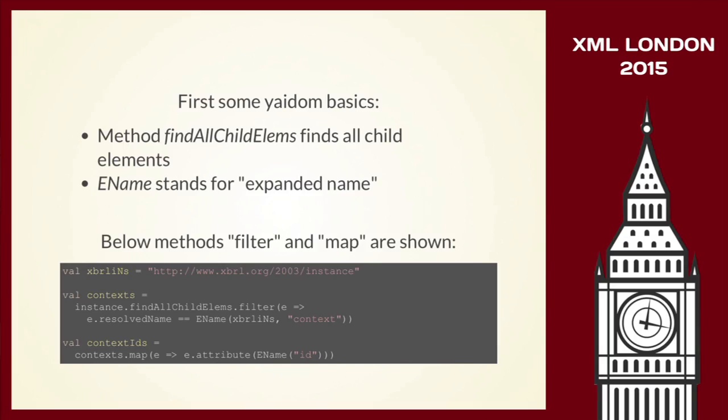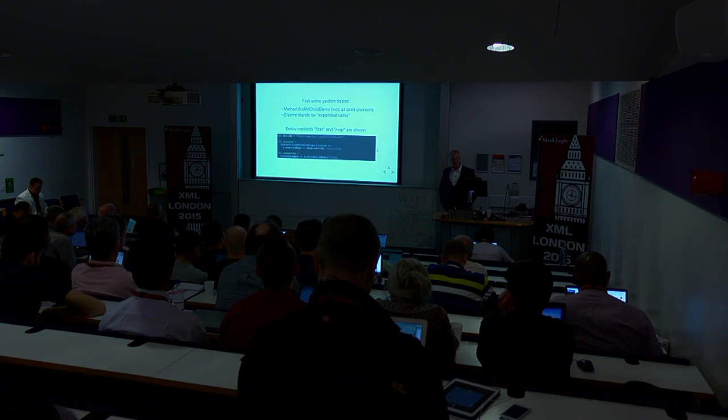Let's look at how they look in Scala. Well, yaidom has methods such as findAllChildElems. Well, it finds all child elements like the name implies. EName stands for expanded name, so it's the combination of a namespace URI and the local part. Now the code below is very easy to follow.